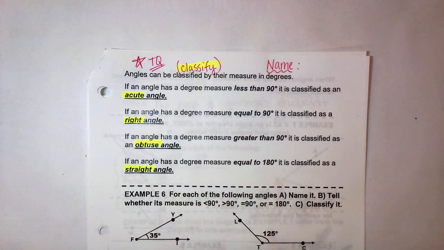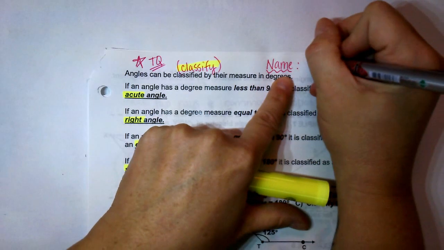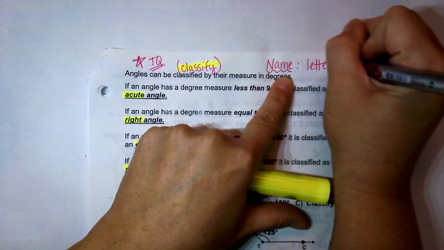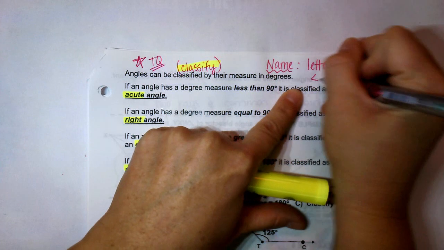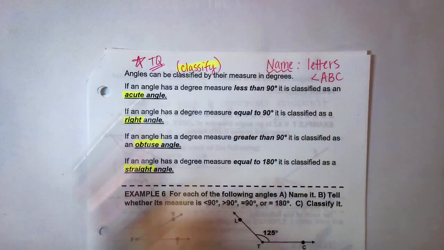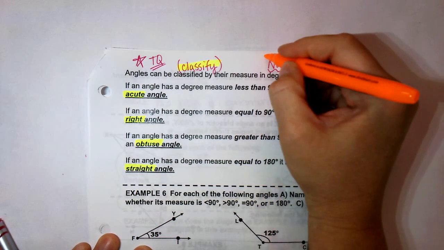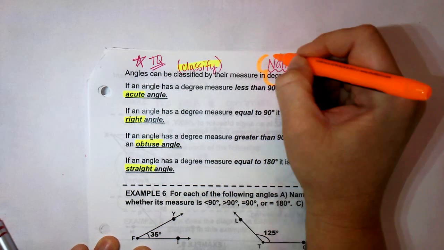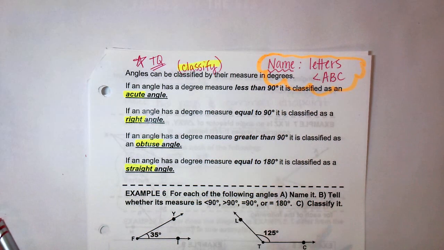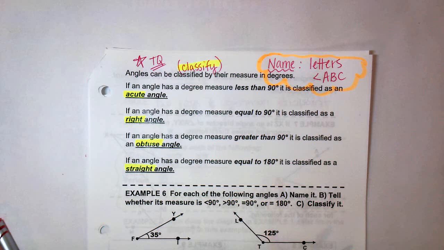Think about how you write your name. You write your name using letters. So we're going to name our angles using letters. Something like angle ABC. That is the other type. So you can classify something or you can name something. That is a big thing on the test, and people get them wrong because they don't read and they don't know the difference between classifying and naming. I will not tell you on the test.